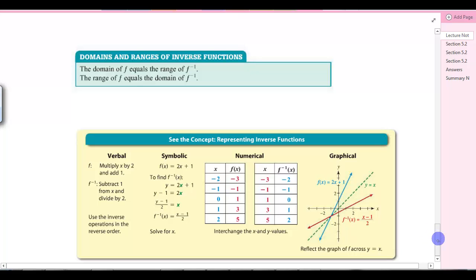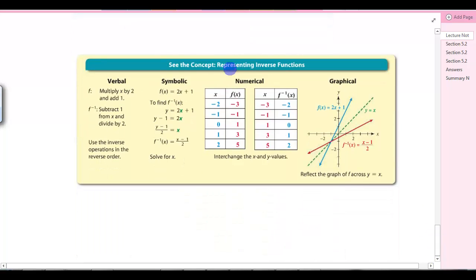All right, let's look at this nice concept box about representing inverse functions. So we've got it verbally: multiply x by 2 and add 1. Subtract 1 from x and divide by 2. So symbolically, that one is 2x plus 1. To find f inverse, we did our little steps and we came here. To find it verbally, instead of adding 1, you subtract 1 and then divide by 2.